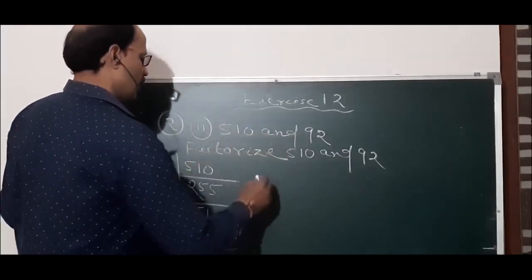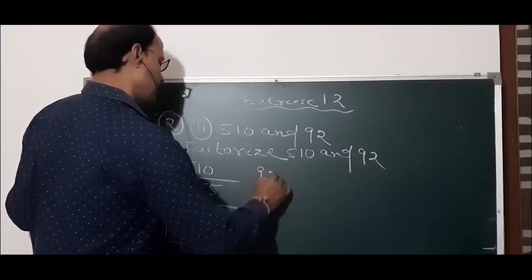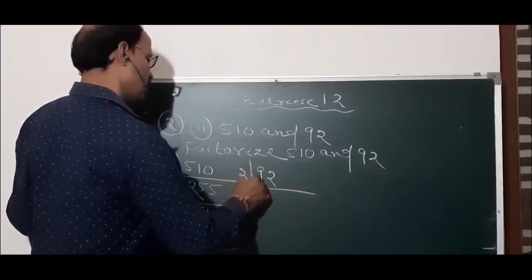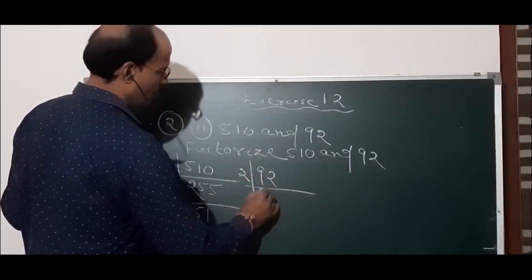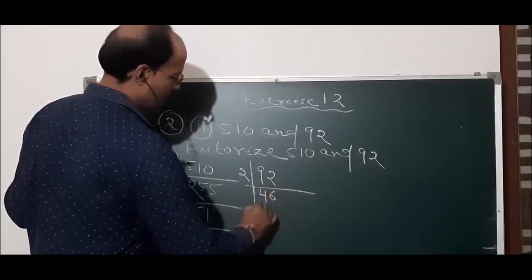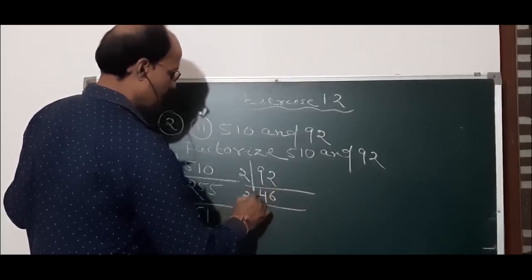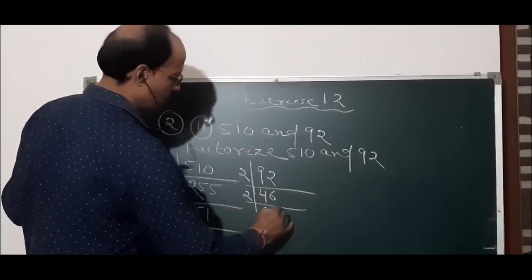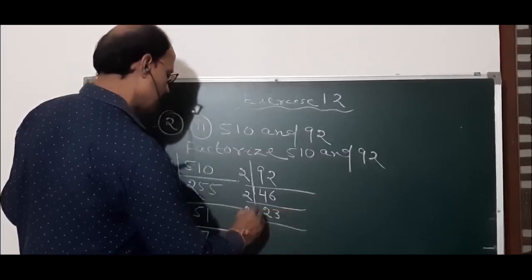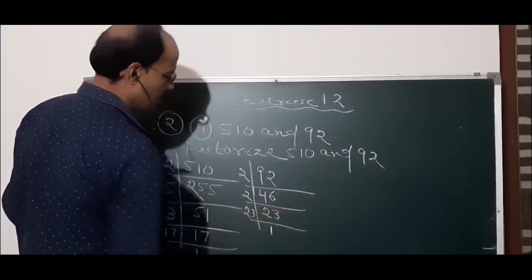Now factorize 92. 2 4s are 8, 1 left, 12, 2 6s are 12. Then again 2 2s are 4, 2 3s are 6. Then 23 1s are 23.